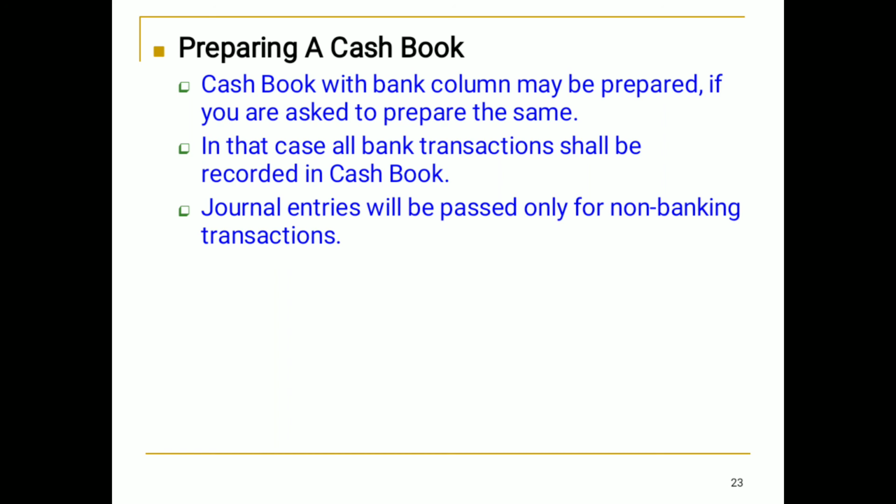They have actually highlighted a type of sum here, that whenever in the given question you are supposed to prepare a cash book, then you will prepare it with the column of bank, and all the transactions related to bank, that means the journal entries which contain the word bank in them, will be posted in the cash book with a column of bank, and only the remaining journal entries will be written, which are for non-banking transactions.